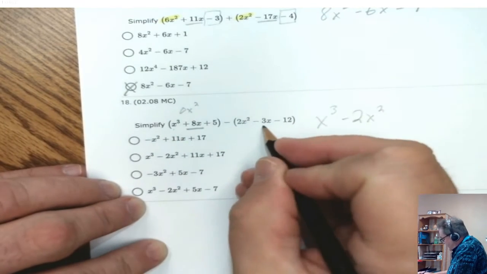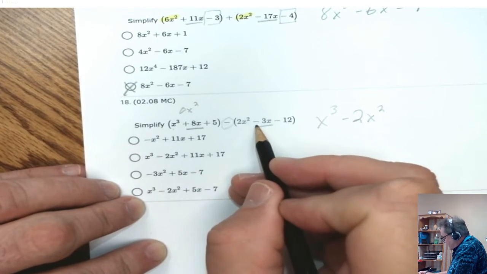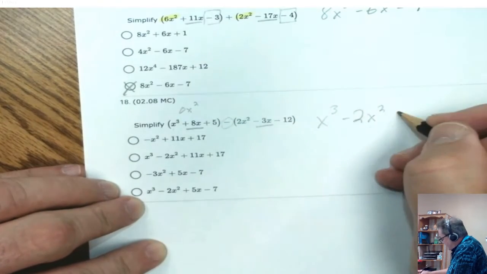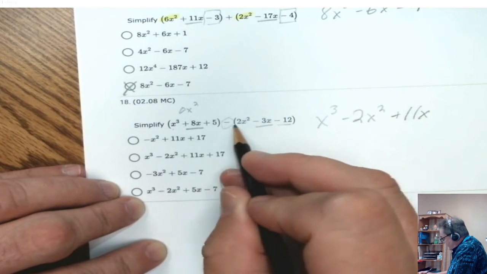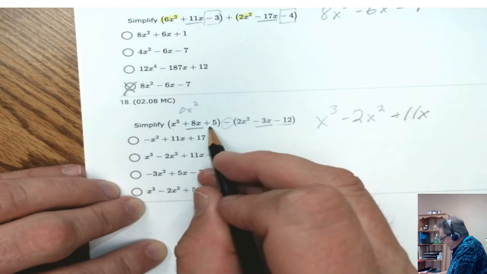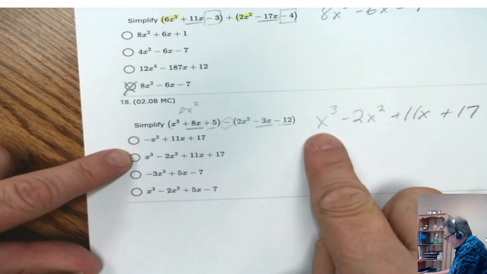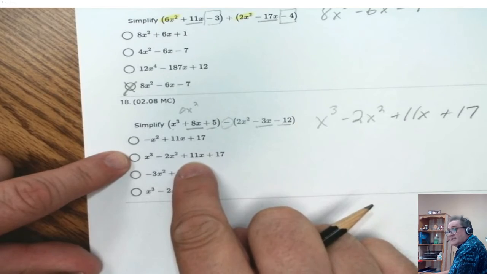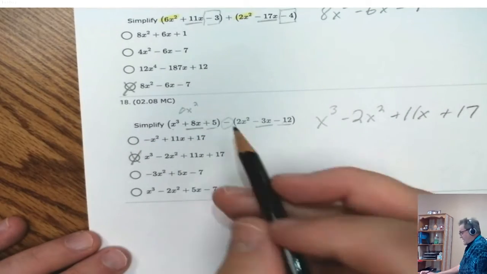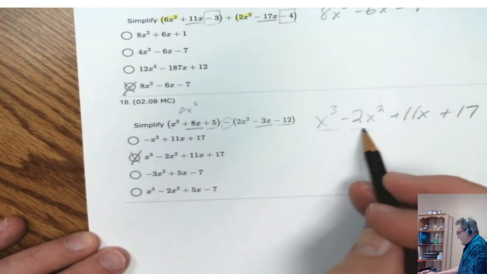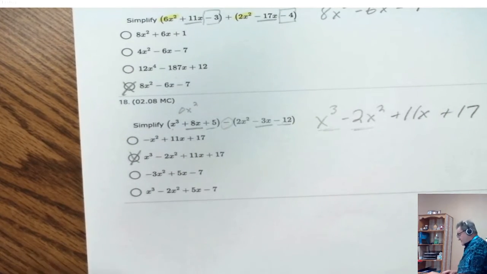We have an 8x and a negative 3x, and we're subtracting. Subtract a negative, that means add 8 plus 3. And then we're subtracting a negative 12, subtracting a negative, add 12 to the 5. X to the third minus 2x squared plus 11x plus 17. There it is. We had no terms to combine for those two. There's only one x to the third. There's only one x squared.